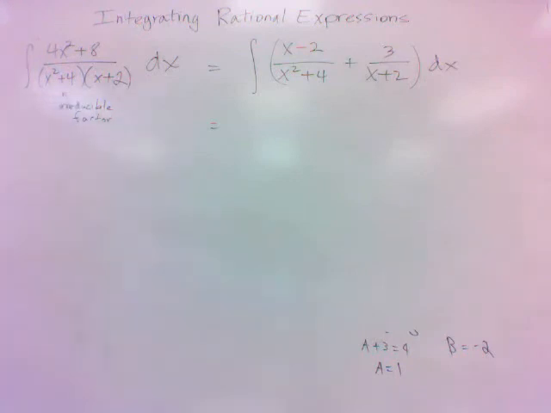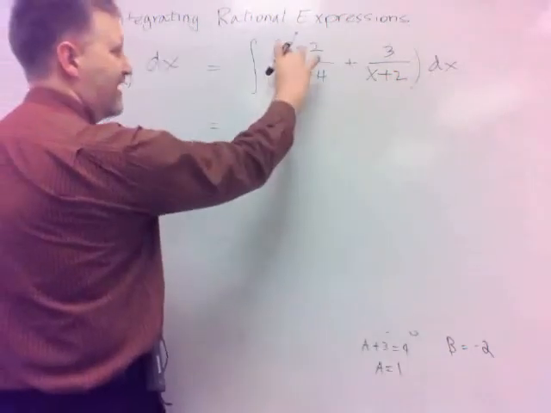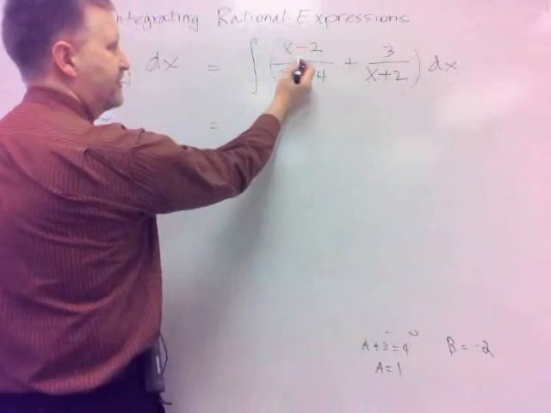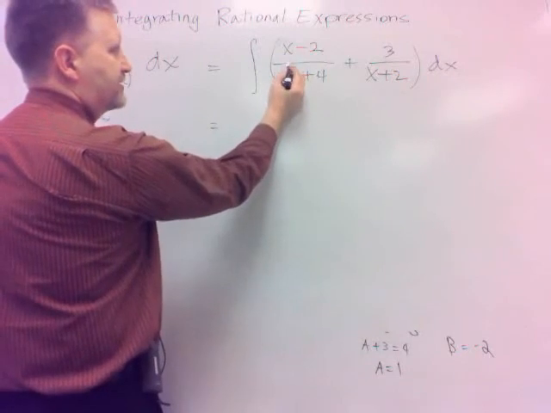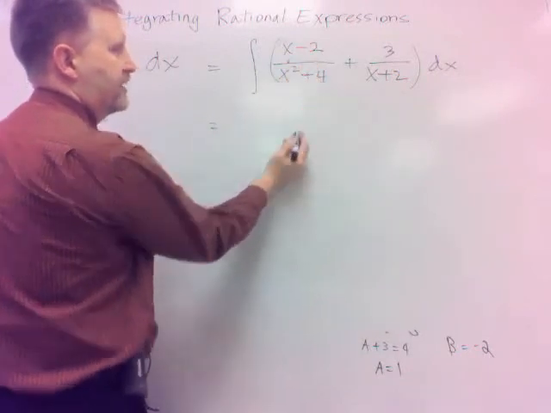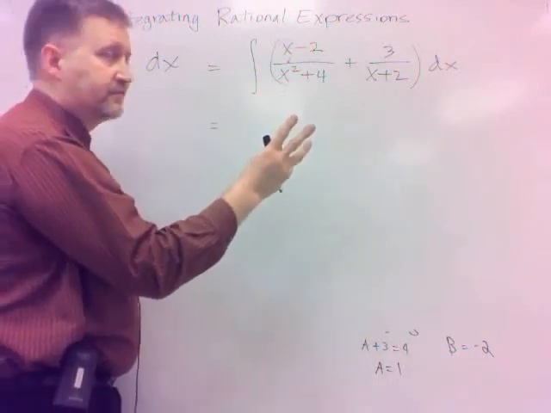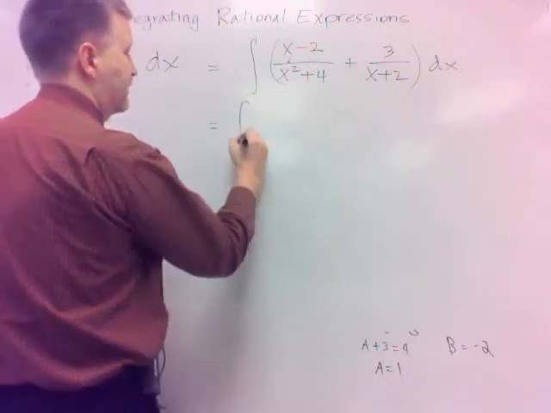So here's what I can do. Do you see here that I can split this up? I can do the x over the x squared plus 4, and I can do the minus 2 over the x squared plus 4 separately. Wouldn't that be a legal maneuver? I think that's the way it's going to work out here.